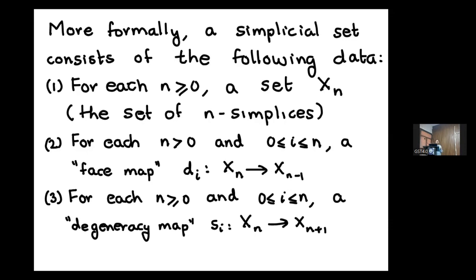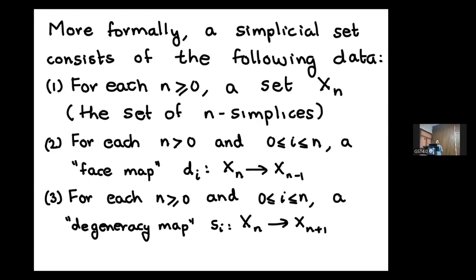Firstly, you start with your collection of simplices: Xn is going to be your collection of n simplices. Then, I've got n simplices and n minus 1 simplices, and I want to identify some of these n minus 1 simplices as being faces of the n simplices. So there are going to be face maps going from Xn to Xn minus 1.